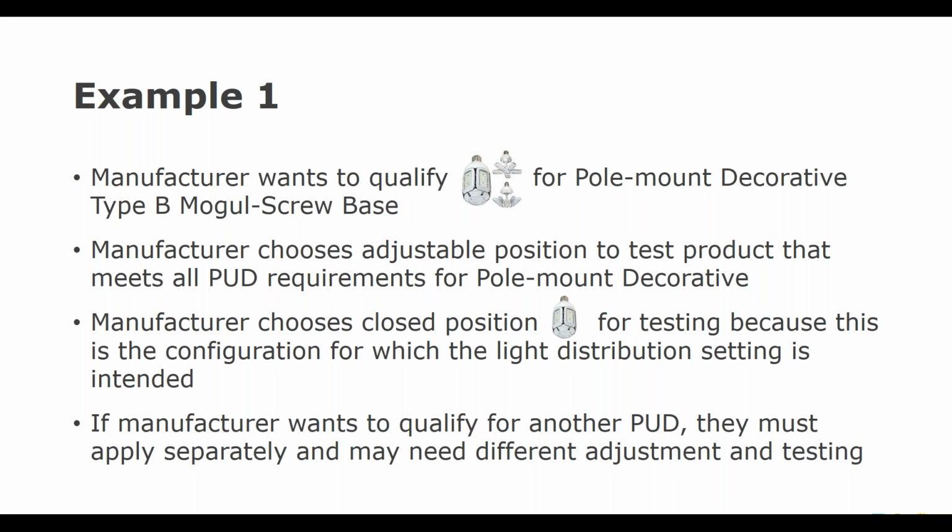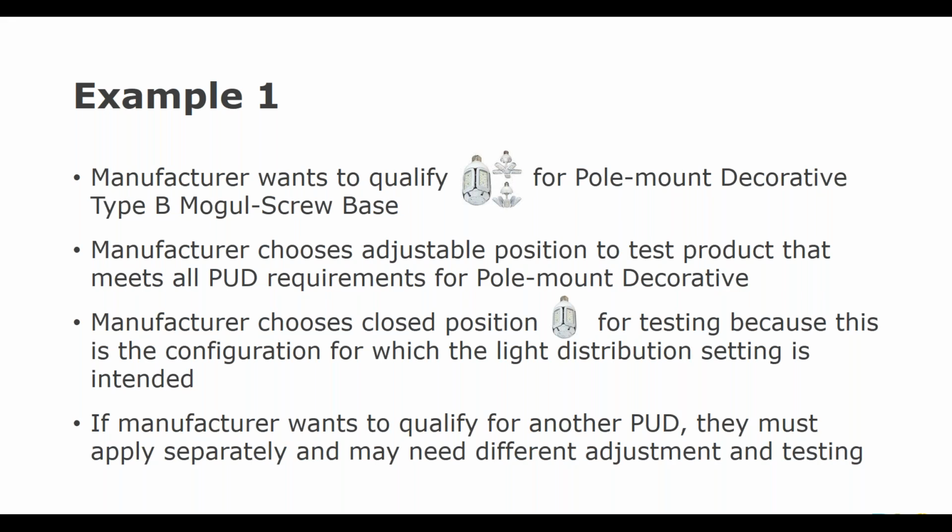What the manufacturer needs to do is choose one adjustable position to test the product that's intended for the primary use designation they're qualifying it for and would meet the requirements of that category, of that primary use designation. So this is a pole mount decorative. The most likely position they're going to use for this particular product is probably going to be closed. That's going to most likely match the existing lamp type and configuration of the luminaire.